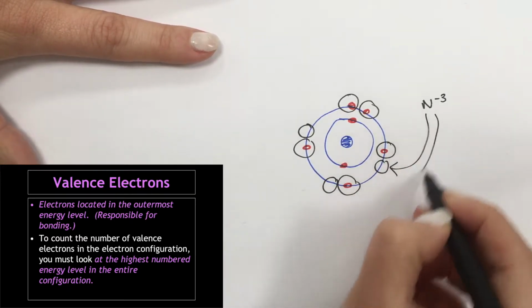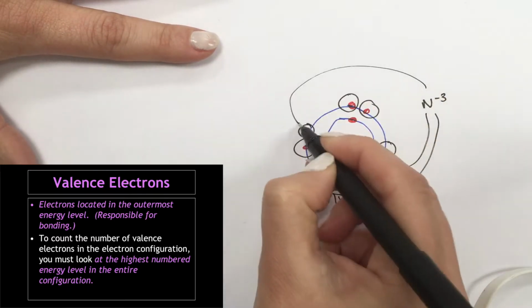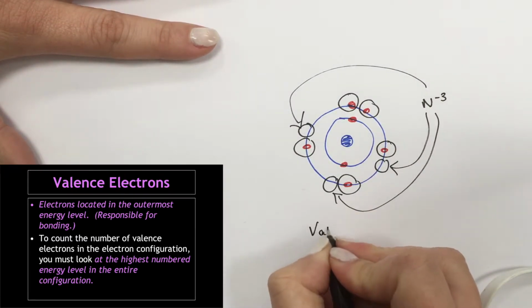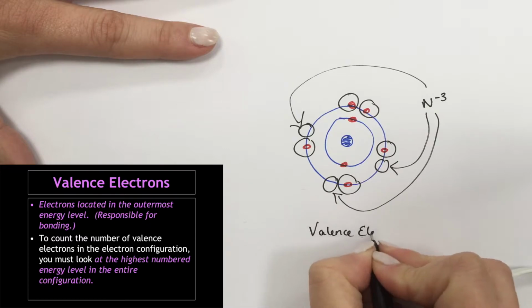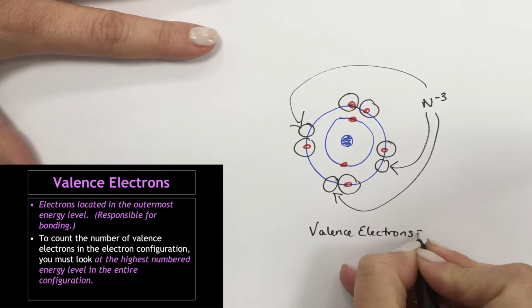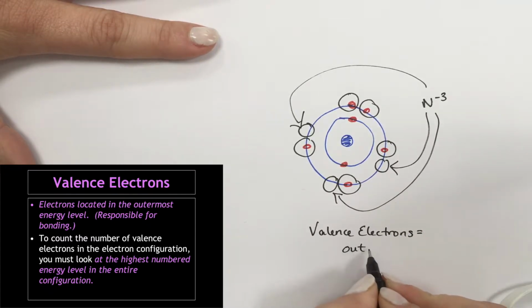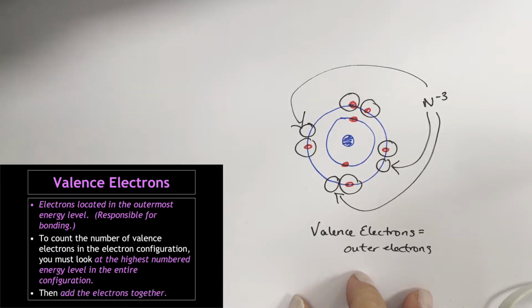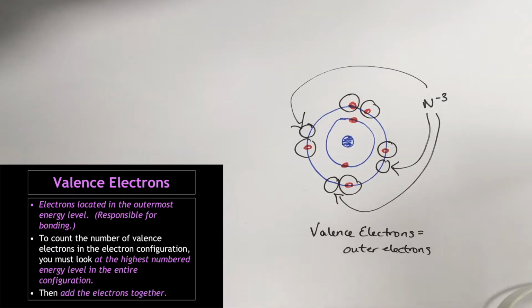It can accept 1 here, 1 here, and 1 here. Valence electrons just means outer electrons, okay? That's it.